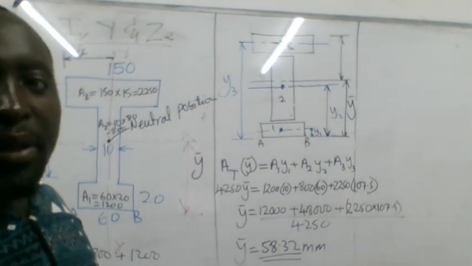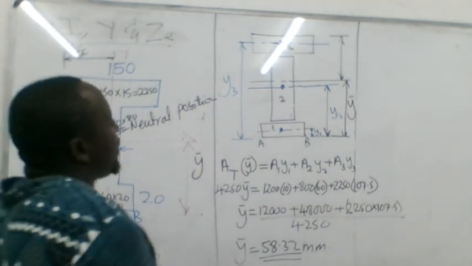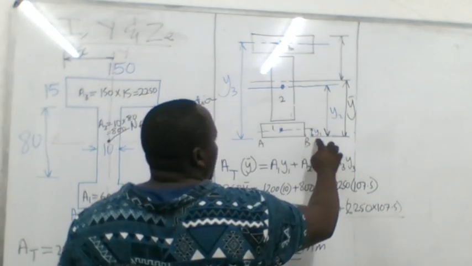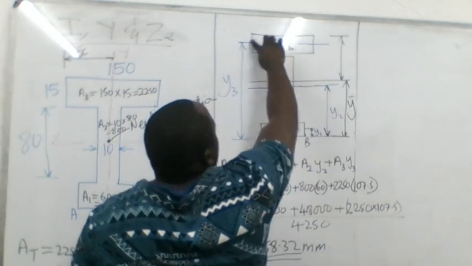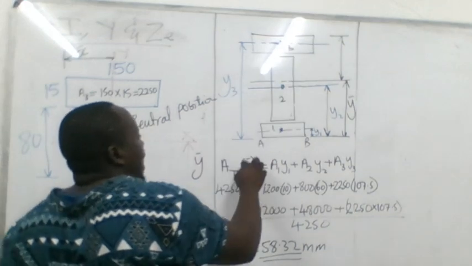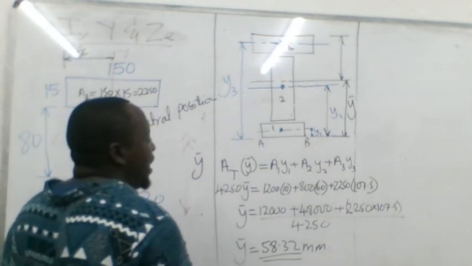Okay. But that's the approach when you want to find the centroid. The area of this from there, the area of this from there, the area of that from there. The total area times Y bar, then you solve in this manner.